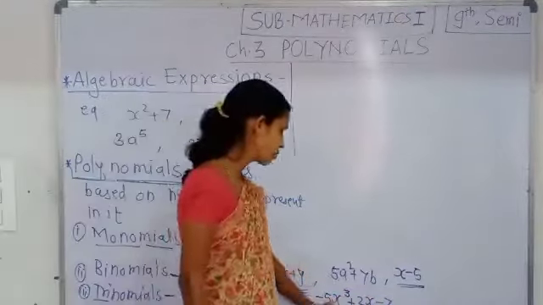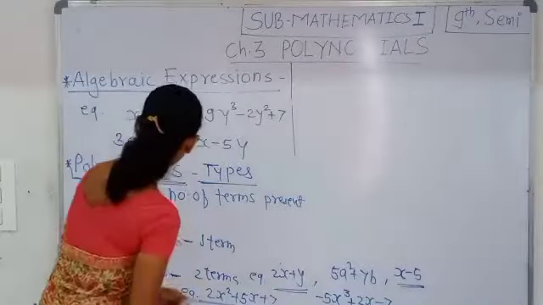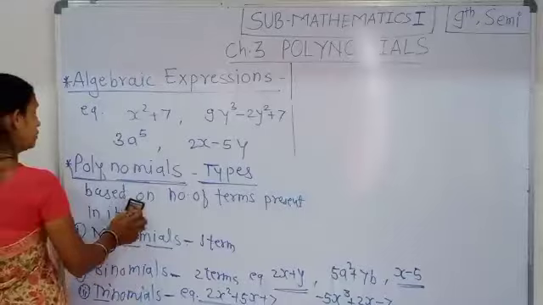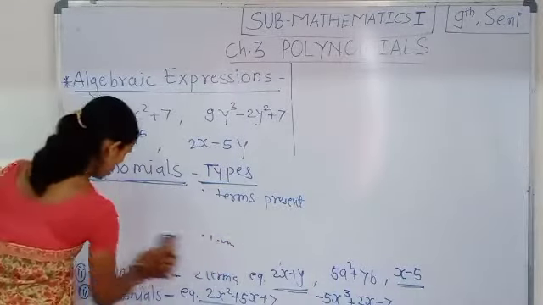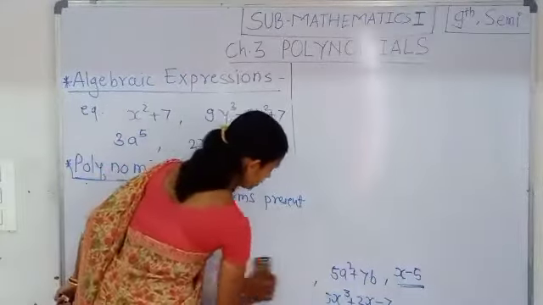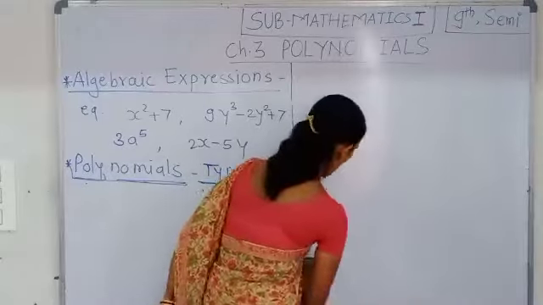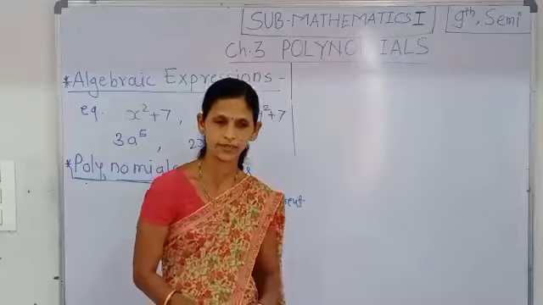Those are examples of trinomials. That is the types of polynomials based on the number of terms present in them: monomial, binomial and trinomial.